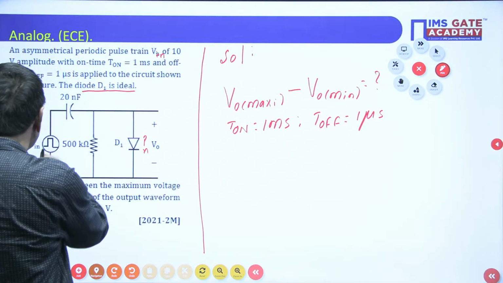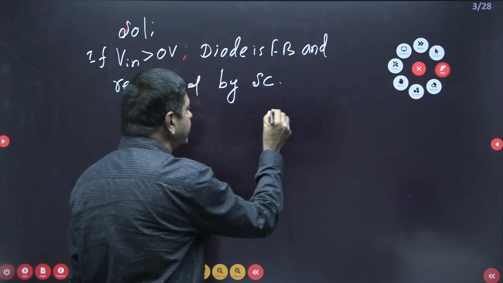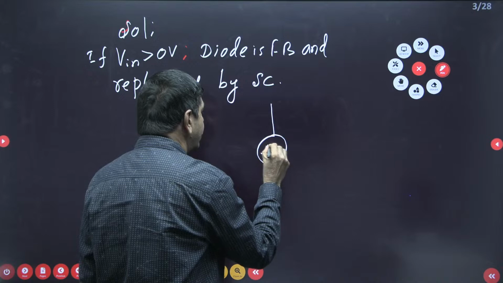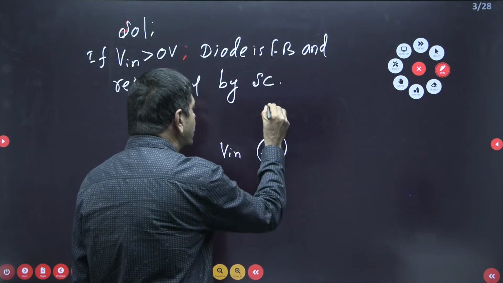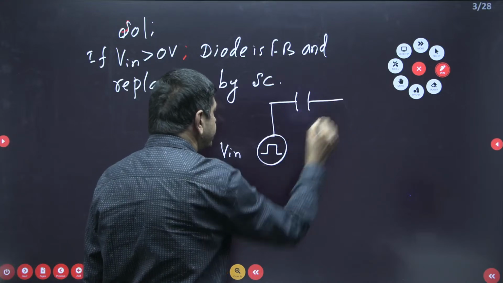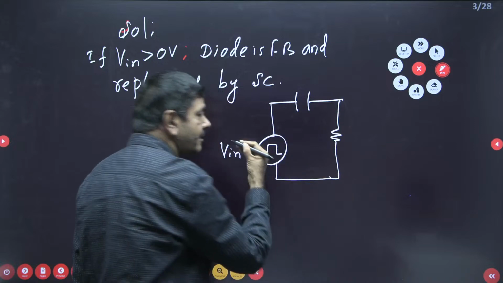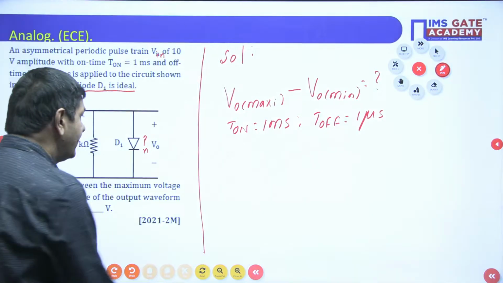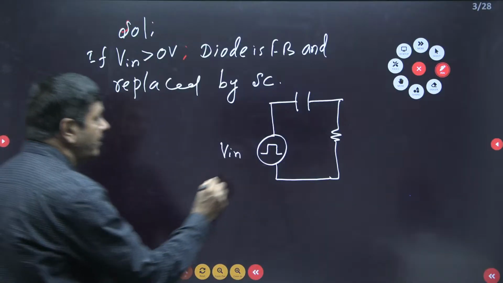In the problem, V in is given here. I will connect V in here, the periodic pulses. There is one capacitor. One resistor is connected here. What is its value? The resistance value is 500 kilo ohms.